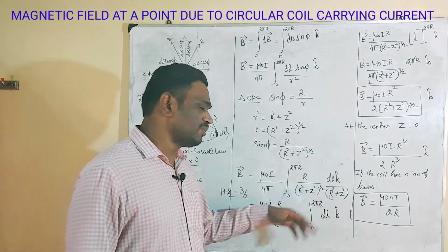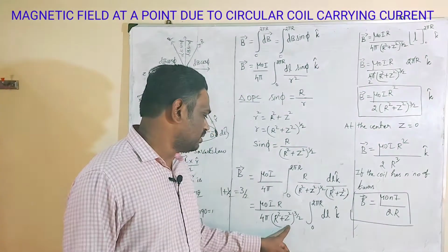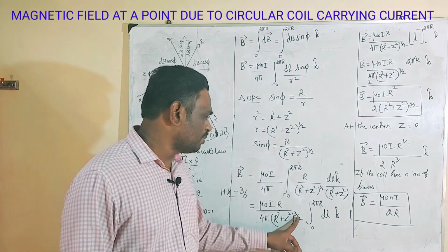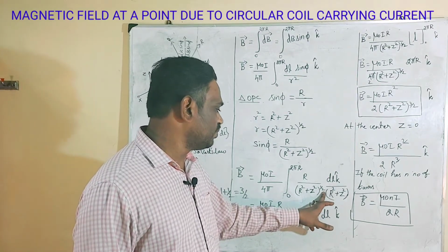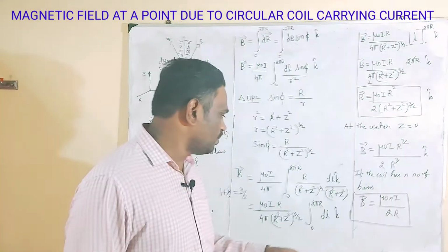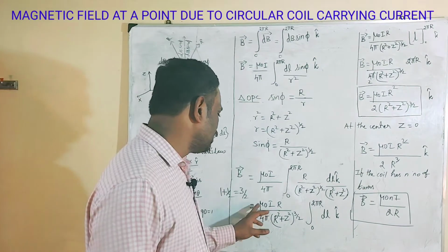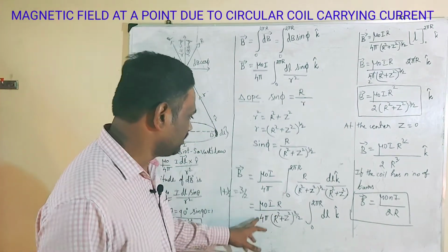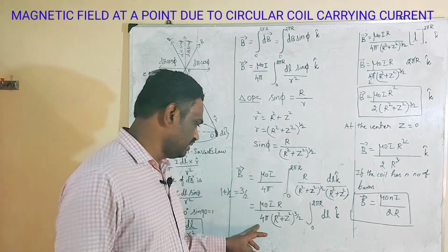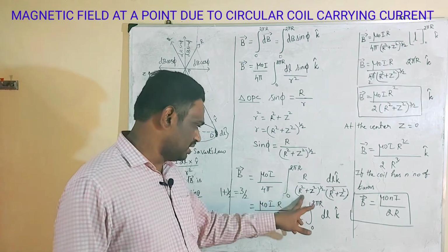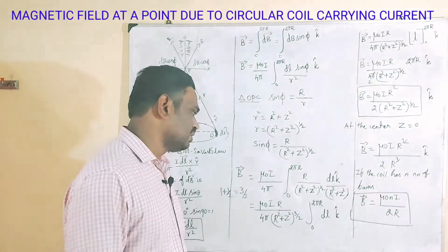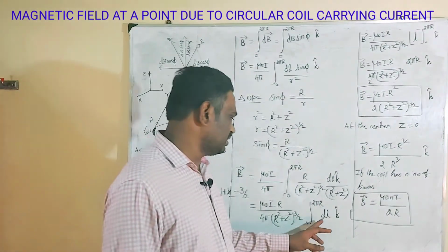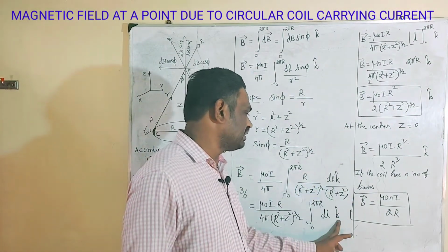These two terms I am going to write as a single term, that is R square plus z square whole power 3 by 2. Just add the powers, here whole power 1 by 2, here whole power 1. So if you add these two, you will get mu naught I R by 4 pi R square plus z square whole power 3 by 2. The remaining terms are dl and k cap.